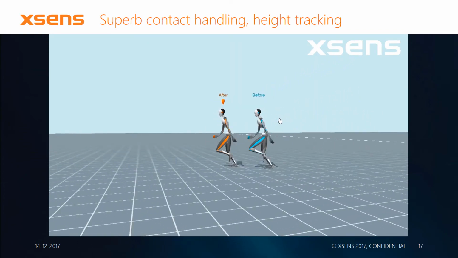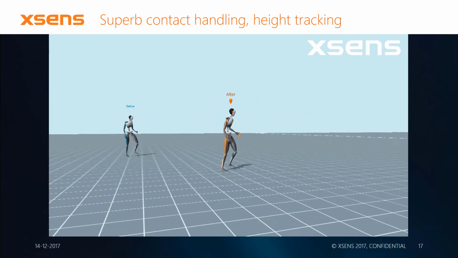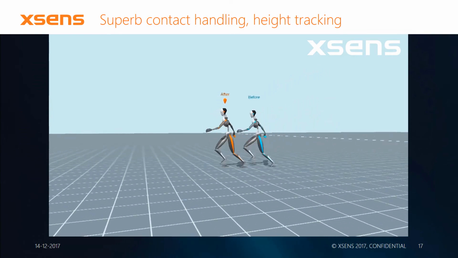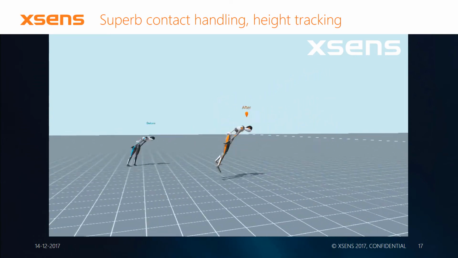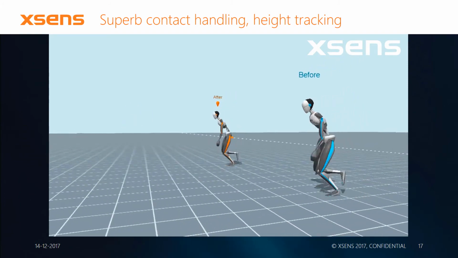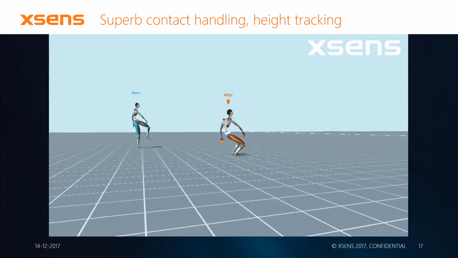Partially, the new 3D positional accuracy is due to the way that we do contact handling and calculate the external contact. External contact means the contact that your body has with the outside world, carrying your weight. What you see here is that the height tracking became a lot more accurate as well.